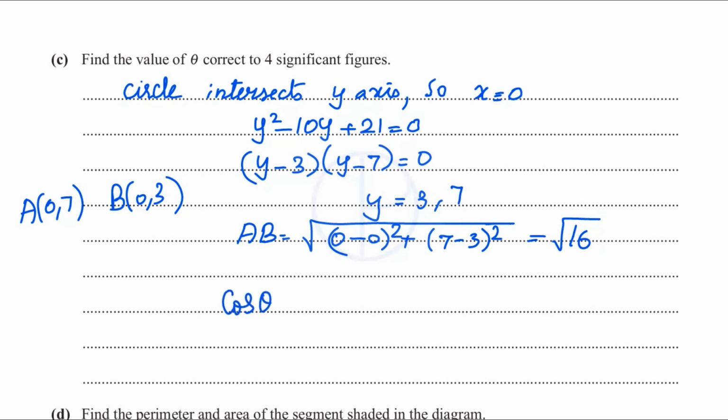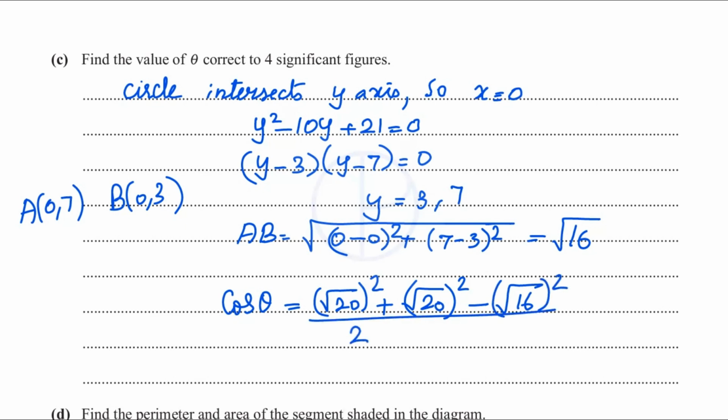So what is cos theta? Cos theta is equal to (square root of 20) squared plus (square root of 20) squared minus (square root of 16) squared, divided by 2 times square root of 20 multiplied by square root of 20, which is equal to 20 plus 20 minus 16 is 24, divided by 40.